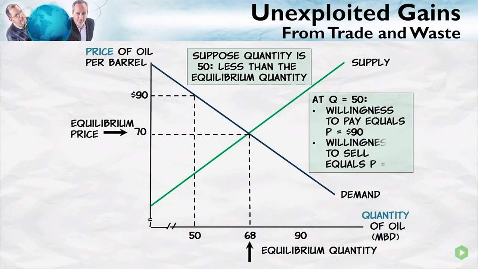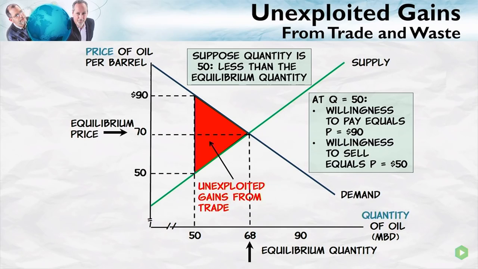On the other hand, sellers are willing to sell that barrel of oil or one more barrel of oil for just $50. So there's a big potential gain from trade here of $40. Indeed, for any quantity below the equilibrium quantity, there are unexploited gains from trade. Now, in economics, we assume that if you put a potential gain from trade in front of people, they're going to find it.